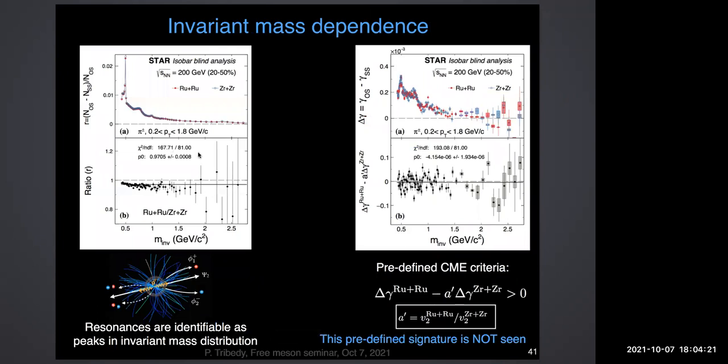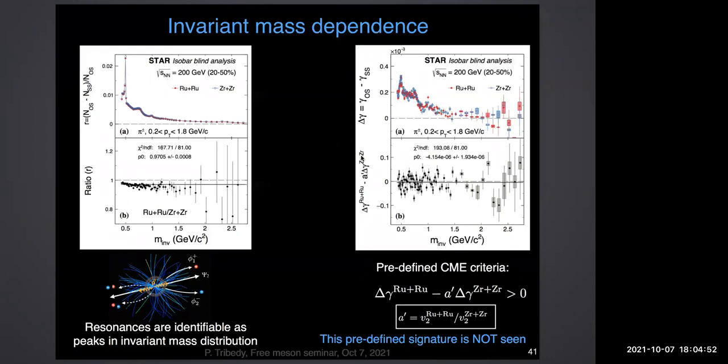Another thing we did: we know that the background is caused by resonances like rho. So how about plotting the signal as a function of invariant mass? We know that resonances show up as peaks. So if there is a background-driven effect, it will also show a peak where you expect a resonance, right? And the question is whether the produced resonances are the same in ruthenium and zirconium.